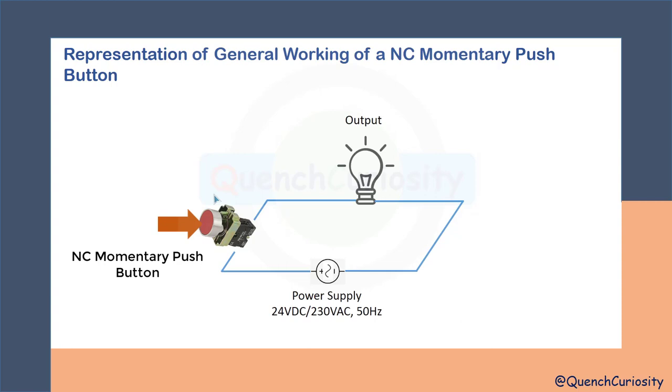Before moving further, I would like to draw your attention to a point about NO and NC switch operation: the NO and NC operation can be switched irrespective of the color.